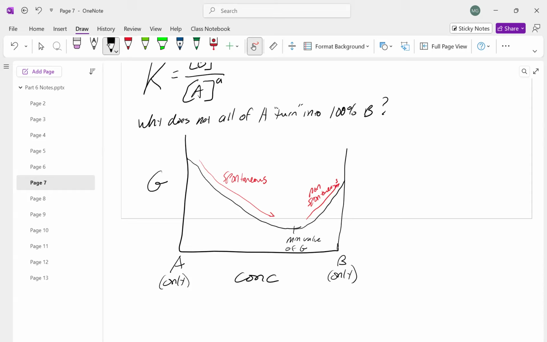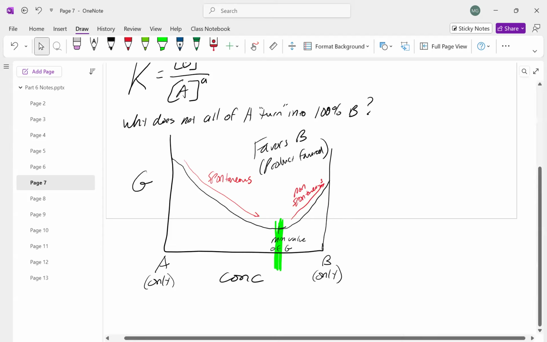but it just does not become favorable anymore to make 100% of B. Now, where that minimum value of G lies, notice here how it is closer to B. That indicates that this reaction favors B, or what we would say is product favored.